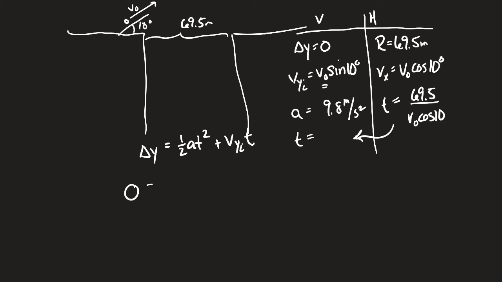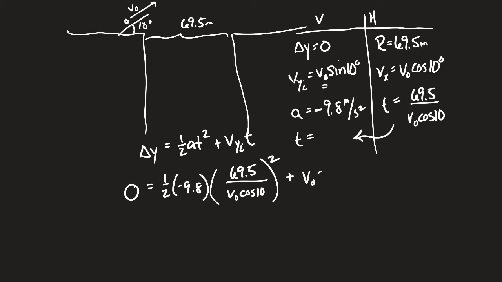This will be 0 equals 1/2 times negative 9.8. I didn't make it negative here, but I'm going to make upwards positive, times t squared, which is 69.5 over v naught cosine 10, squared, plus v naught sine 10 times 69.5 over v naught cosine 10.